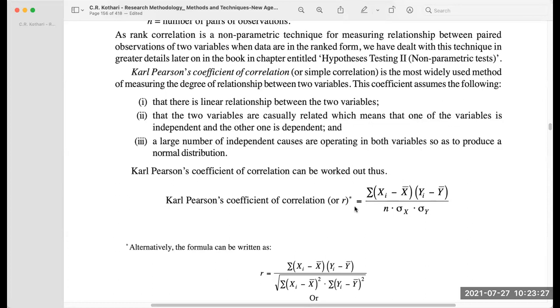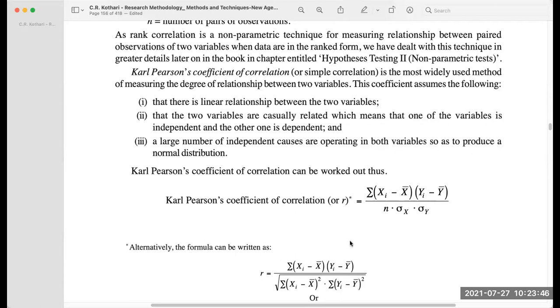So there may be a direct correlation, positive correlation, or a negative correlation. That depends upon the negative and positive value of this correlation coefficient. Okay, so using these formulas you can easily calculate and relate.